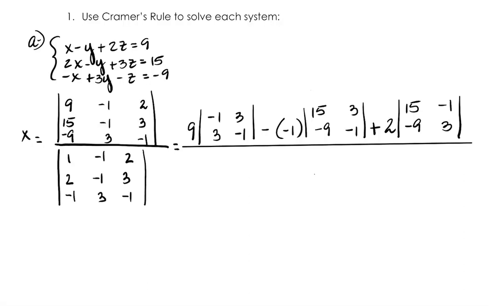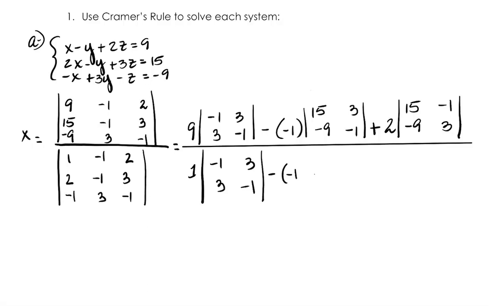Now let's move on to the denominator part. To find this determinant, we are going to multiply our first value, 1, times the determinant of these four values. So we have 1 times the determinant of -1, 3, 3, and -1, minus our second value, which is -1.